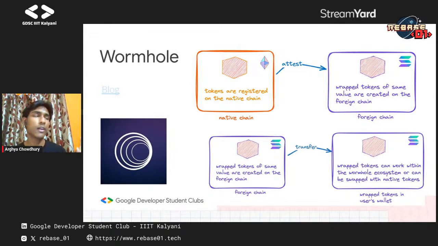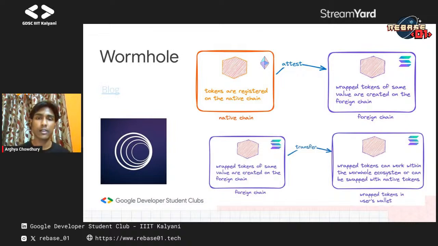the Ethereum or ETH token is the native currency of the Ethereum blockchain. So you can't directly send it to the Solana blockchain just like that. What will happen is that in the attestation process, wrapped ether will be minted on the Solana blockchain. Now, what is wrapped ether? We'll be coming back to it a bit later.